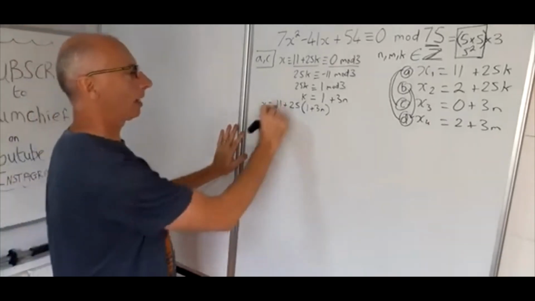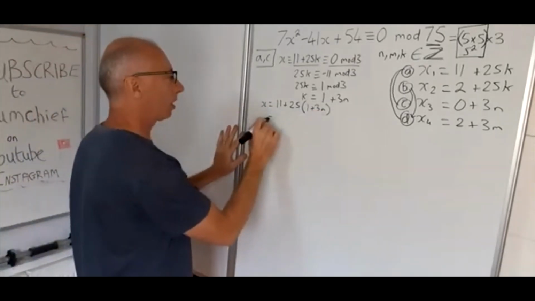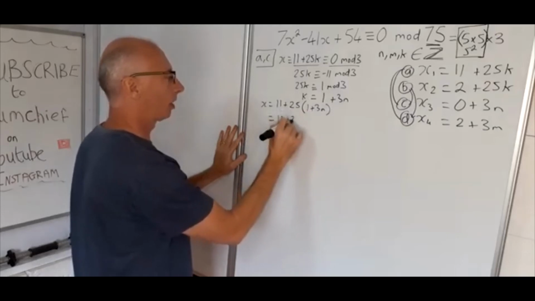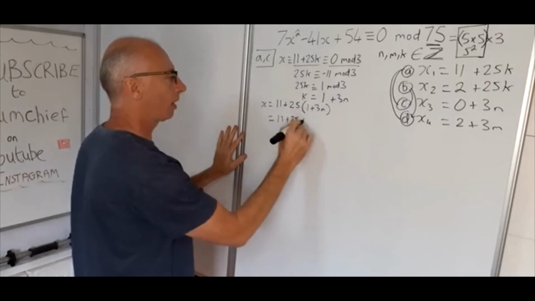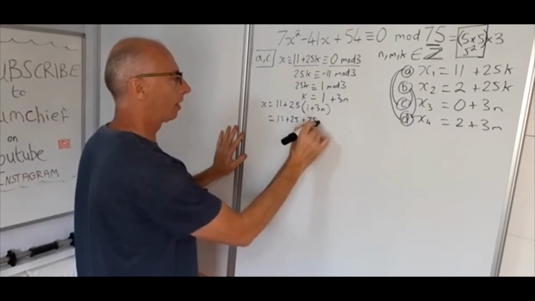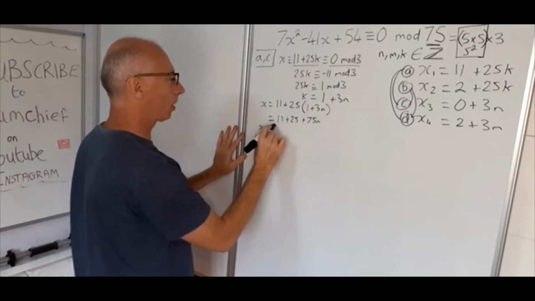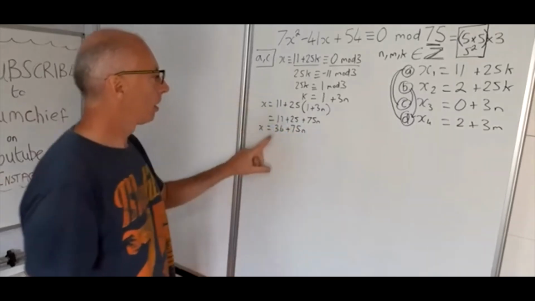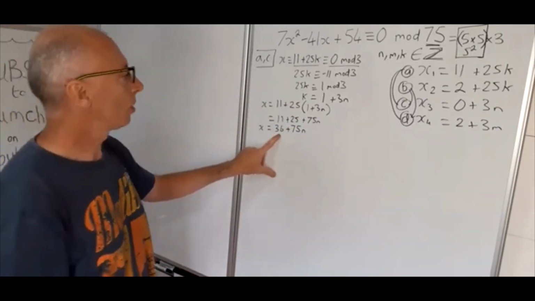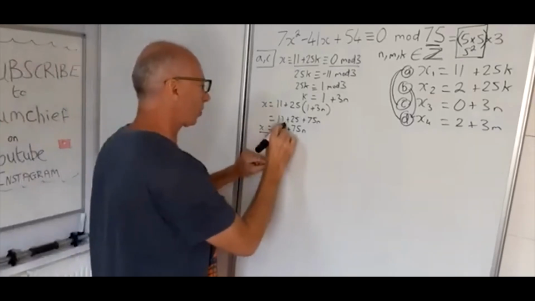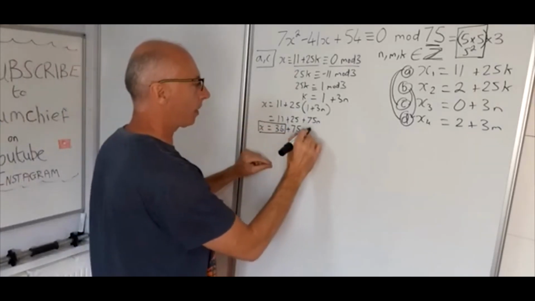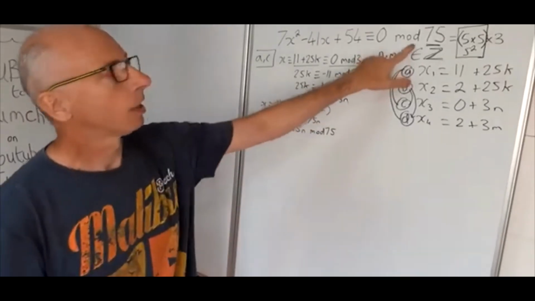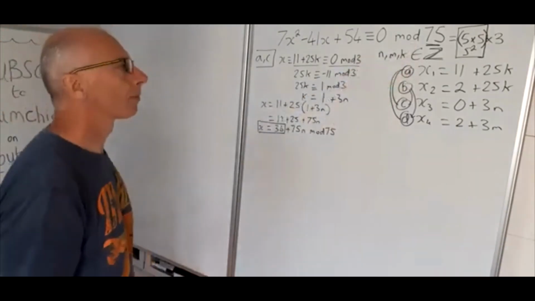Now let's factor this out and see what we got. We got 11, 25 times 1 is 25, and 25 times 3n is 75n. So therefore x equals 36 plus 75n. So now we've found one of our solutions, which is x equals 36, plus 75n. It's now mod 75, which is the answer we're looking for.